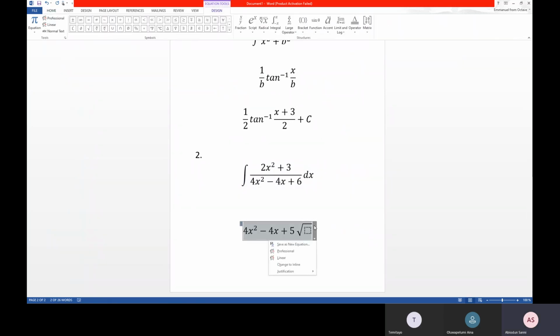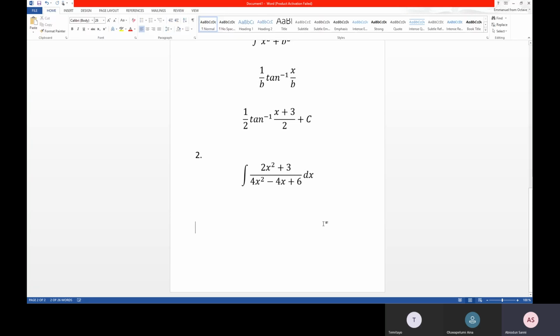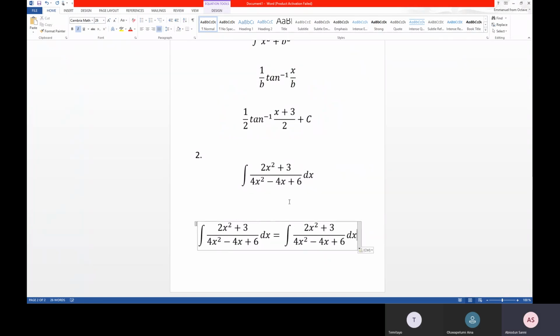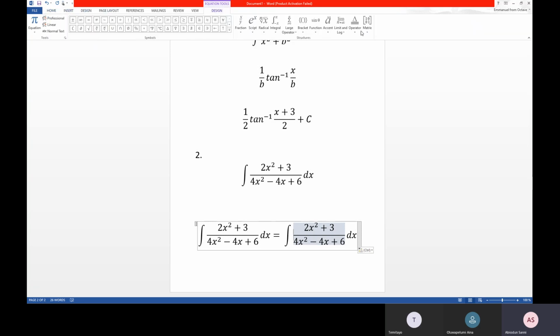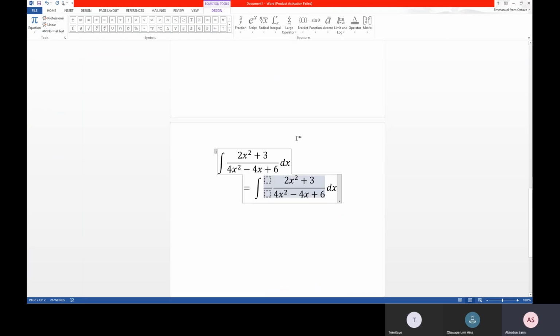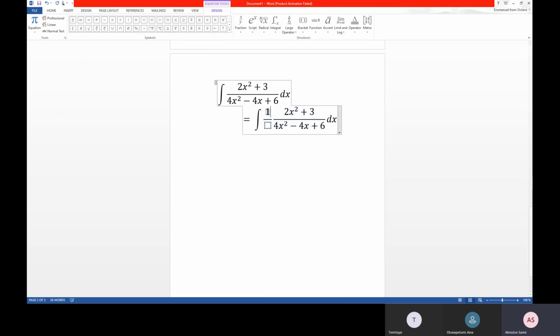so let me clean this. This is now equal to half, is now equal to 1 over 2 plus 2x, yes, x all over this.